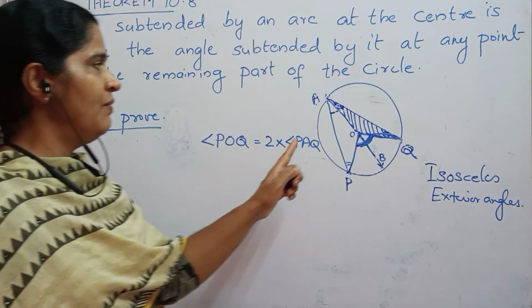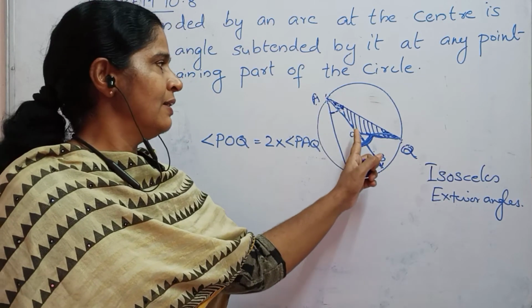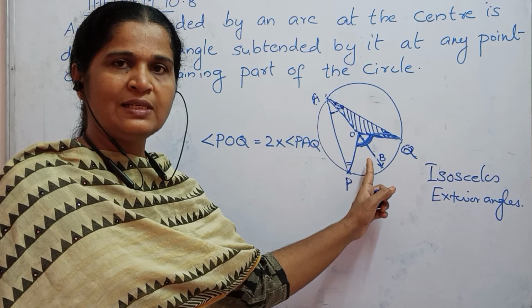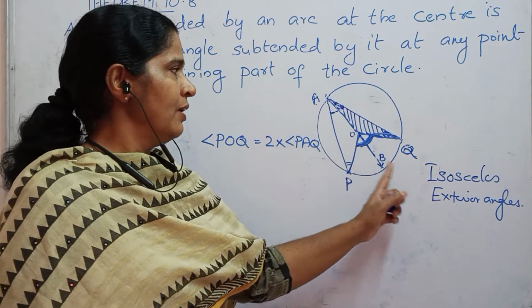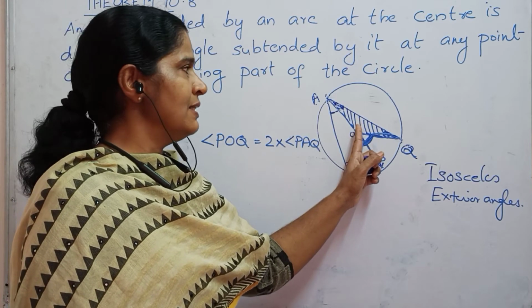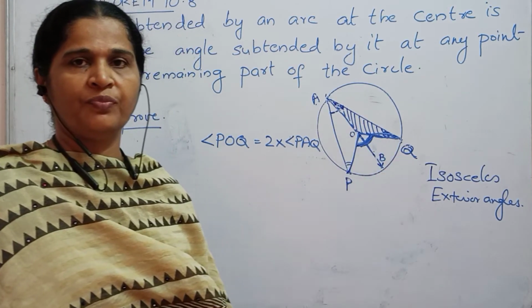To prove this, we will be joining A to B, that is, passing through the center of the circle. It cuts the figure into 2 triangles. Firstly, we'll consider the first right side triangle AOQ.